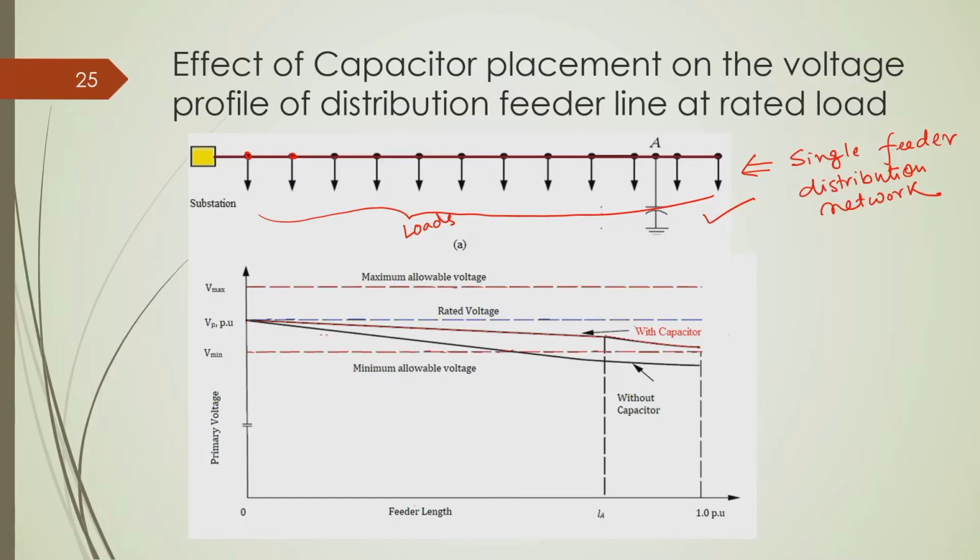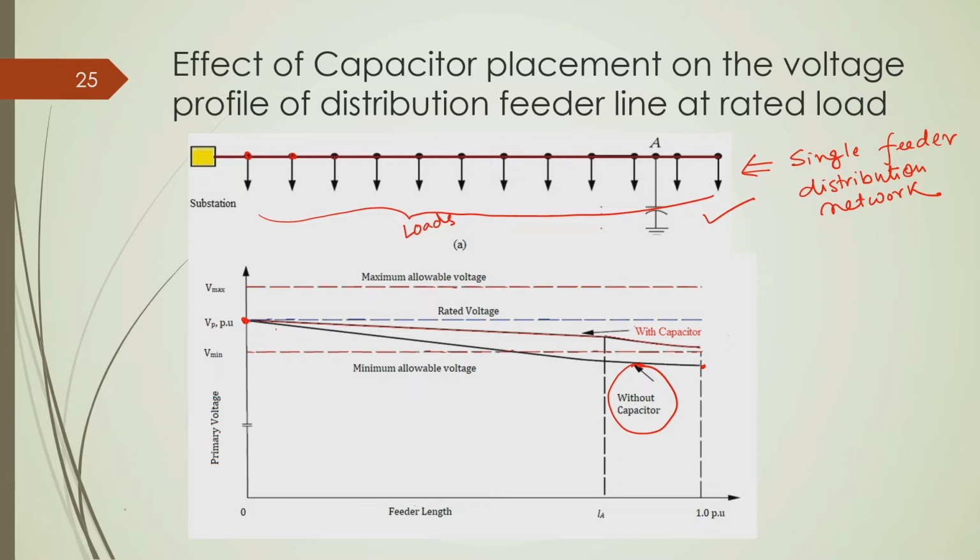There you can see that voltage will fall starting from the substation to the end of this feeder. Now, this black characteristic shows the voltage profile of the network without any capacitor.